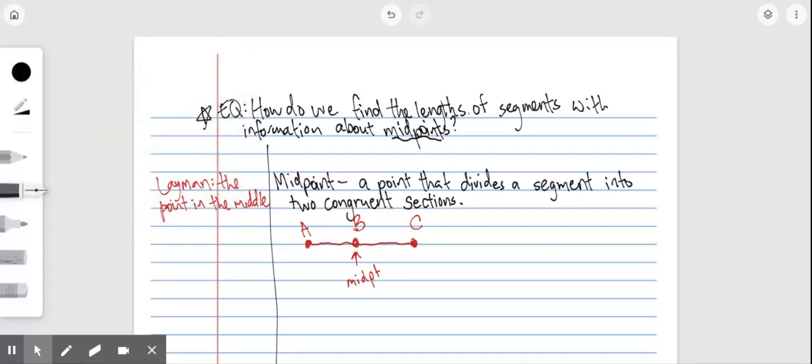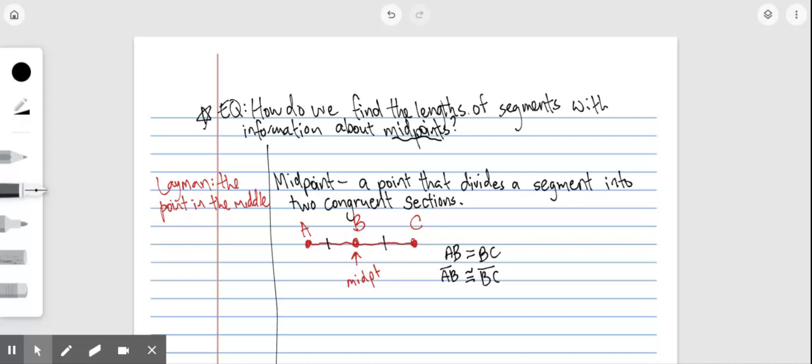In order to mark two things as congruent, we put a single line in them. That line, the black line, means that they are congruent. So AB, the length of it, equals BC, which means that the line segment AB is congruent to the line segment BC. Both of those statements are true because B is the midpoint.